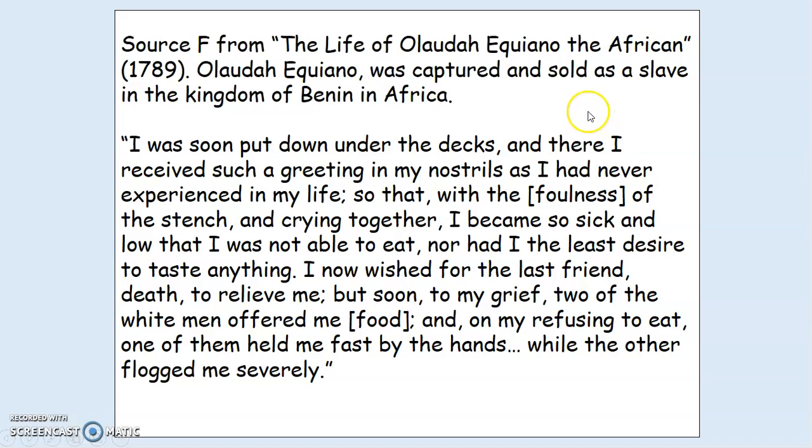And here we've got an extract from a very important man called Olaudah Equiano, who was an ex-slave who was really important in fighting for the abolition of slavery in Britain. So he was a black slave, and it was his writing that really helped to lead to the eventual banning of slavery. And this is a direct first-person account of the kind of conditions he faced on the Middle Passage.